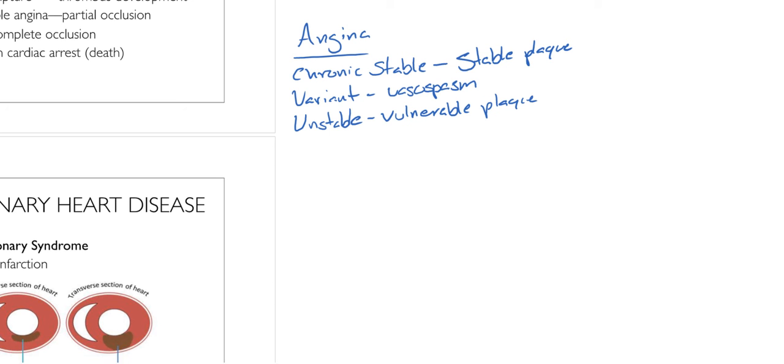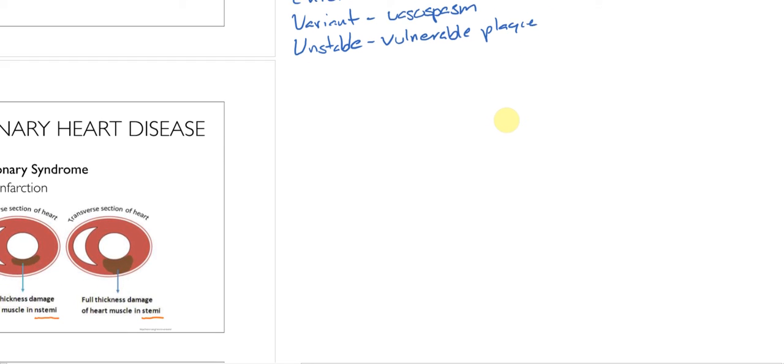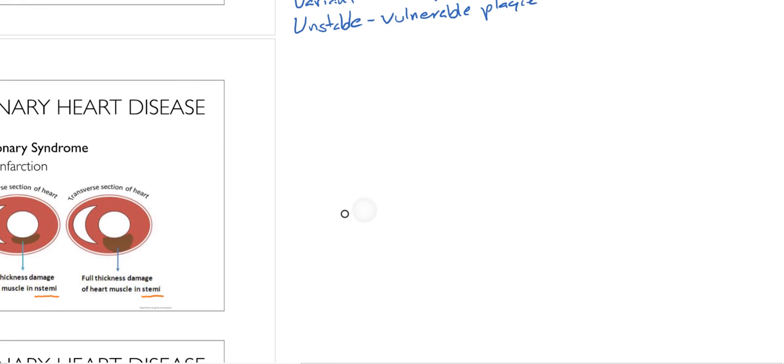In addition to that, we also have, I'll just move this up here for now, acute coronary syndrome. Now with acute coronary syndrome, we also have unstable angina, which moves down here.